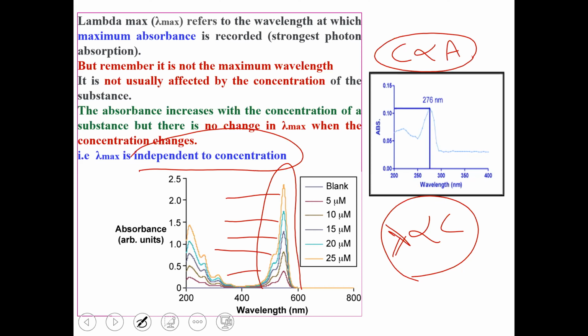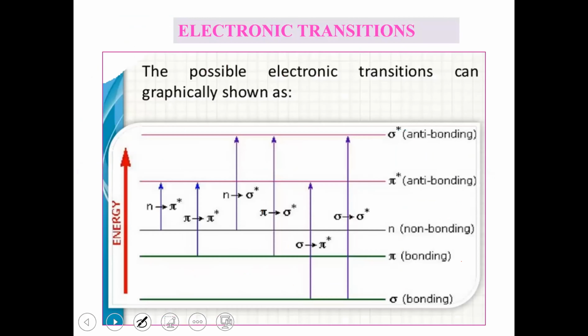But the concentration is not directly proportional to lambda. Whatever the concentration, your lambda remains the same, right? Here the lambda is around 580 nanometer. So your concentration varies, but your lambda does not vary here. So lambda is independent of concentration. That is one more terminology you should know.